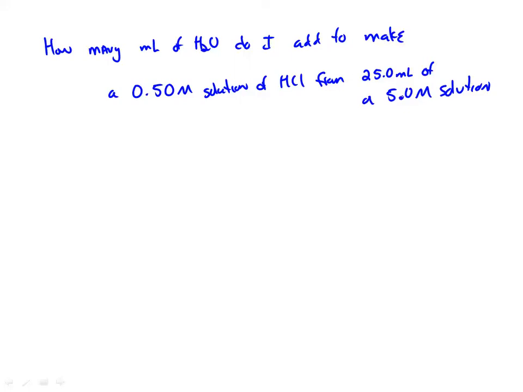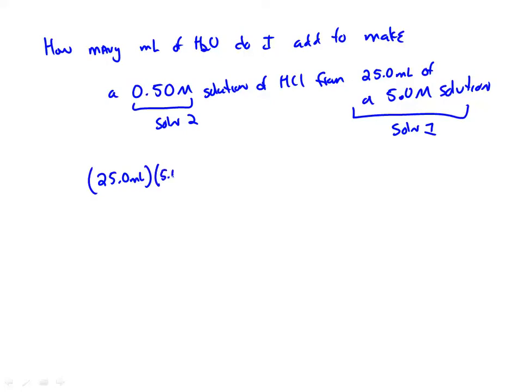So notice this, the work is still the same, meaning here's solution 1, here's some information about solution 2, and so I'm still taking 25.0 milliliters times 5.0 molar, and that's still equal to 0.50 molar times x.